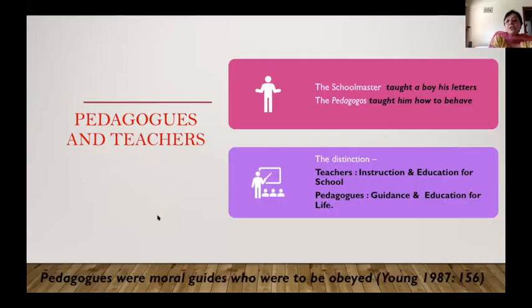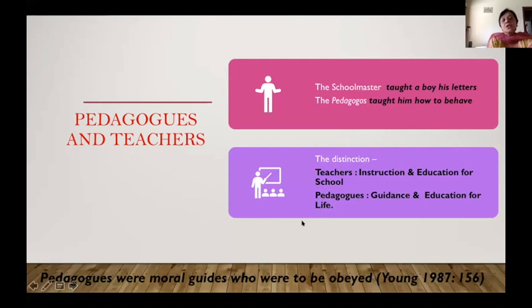Whereas the school teacher was the person who taught the boy his letters or the school curriculum, and the pedagogue taught the child how to behave. So there was a clear distinction in those days, where the teachers gave the instruction and education for the school, and the pedagogues gave them the guidance and the education for life. And these pedagogues were moral guides who were to be obeyed.